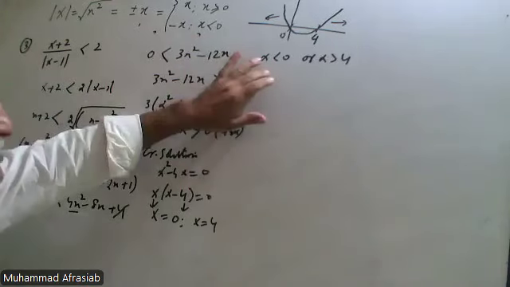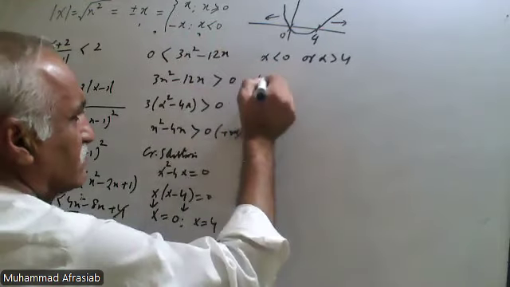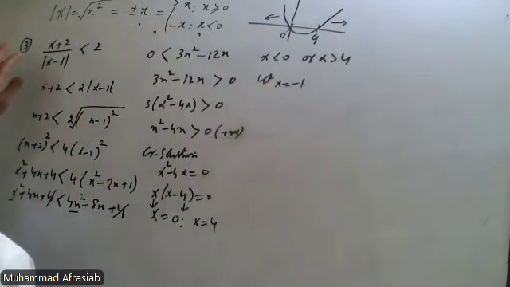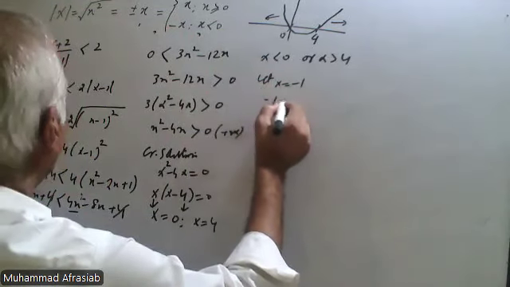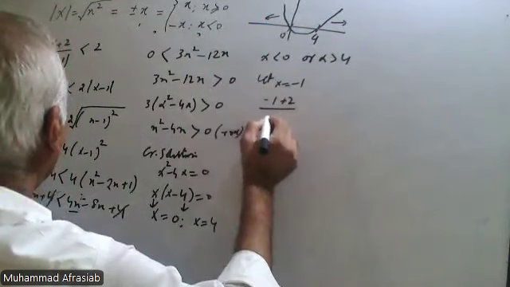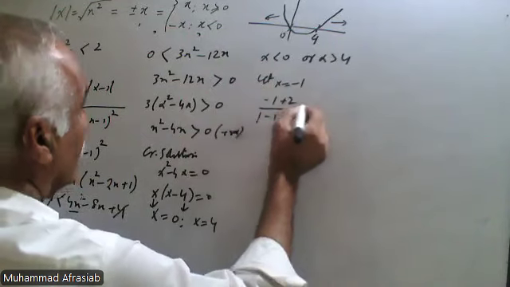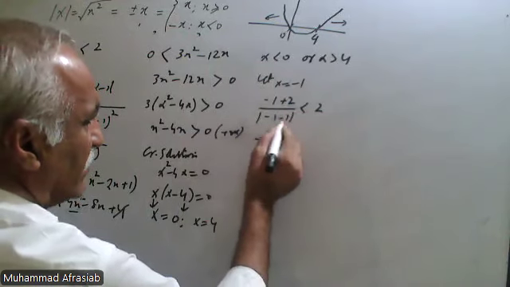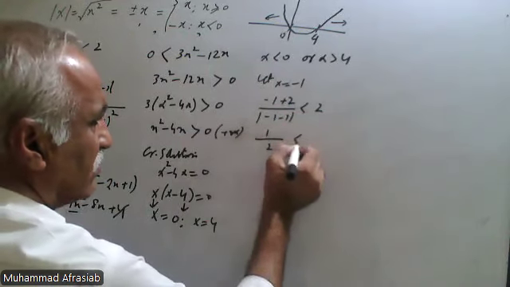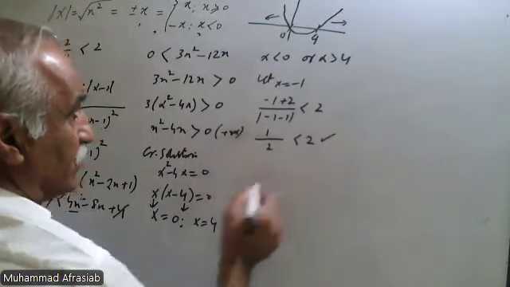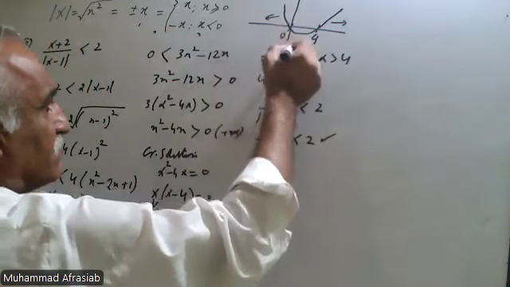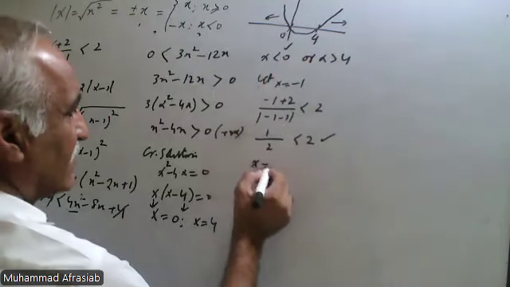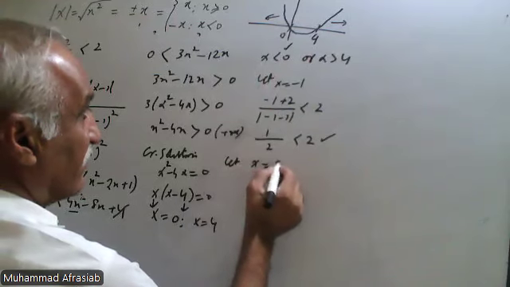Now we will verify this answer from the question. If x is less than 0, let's say x is equal to minus 1. Then this will become |minus 1 plus 2| divided by |minus 1 minus 1| is less than 2. So 1 over |minus 2|, which is 2, so half is less than 2, it is true. Then we will check more than 4. Let's say x is equal to 5.